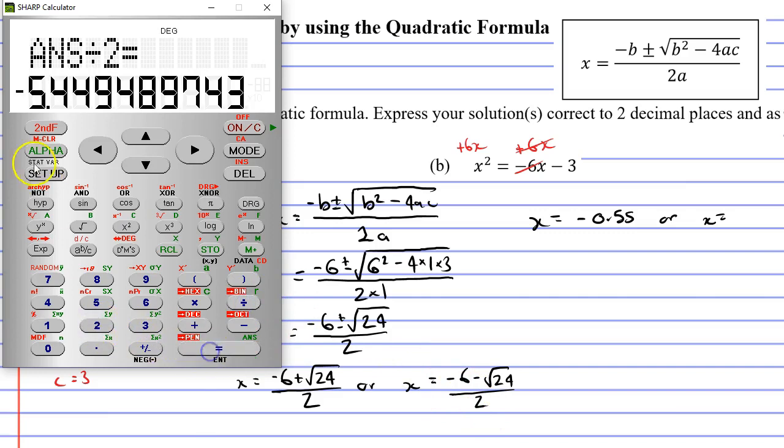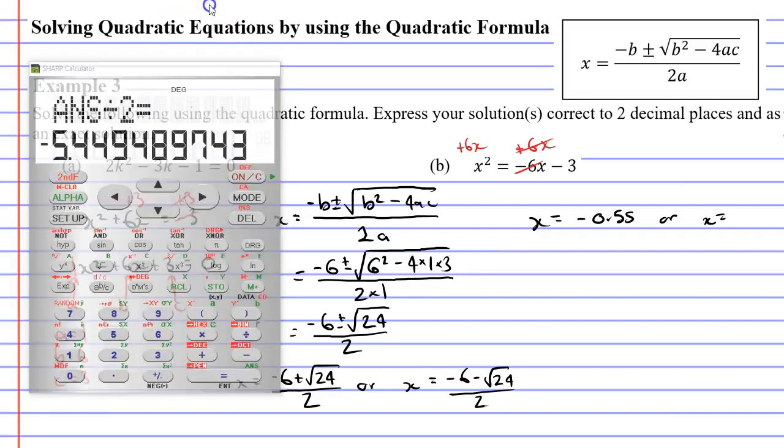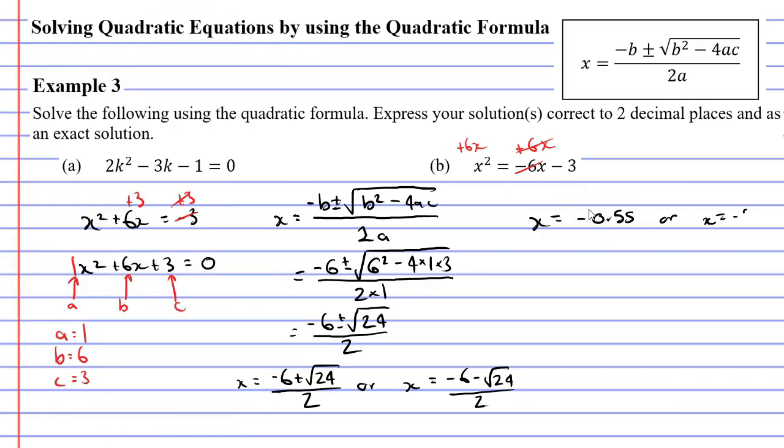Divide by 2, we get negative 5.45 if we round up. So we've got our two solutions here. We've got our two exact solutions, and we've got our two solutions correct to 2 decimal places. All right, let's now move on to question C.